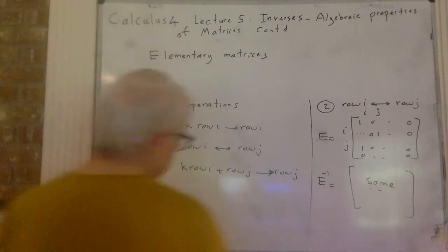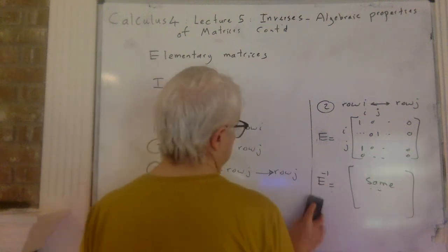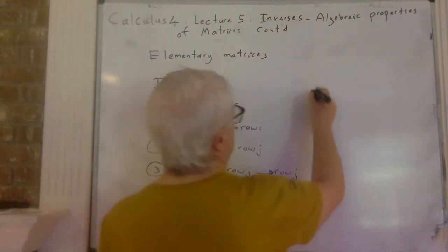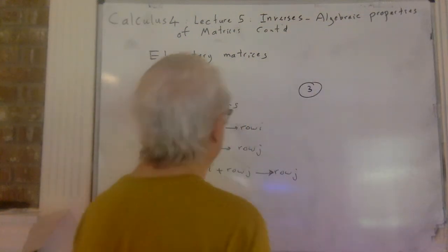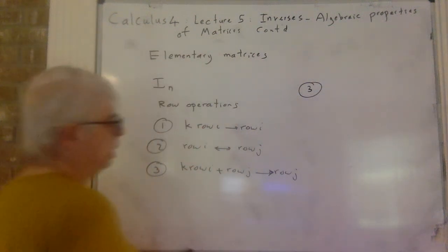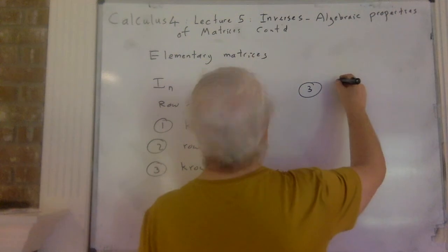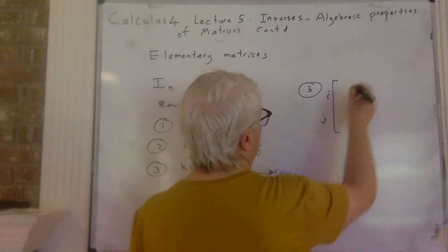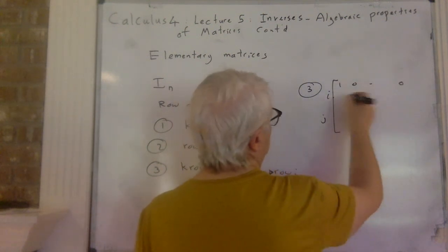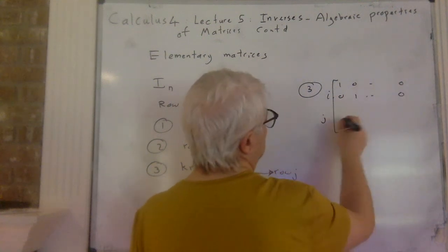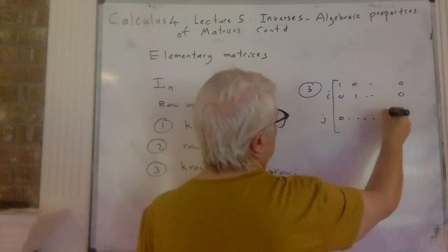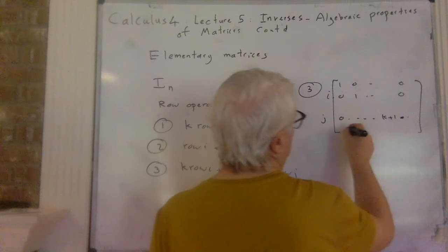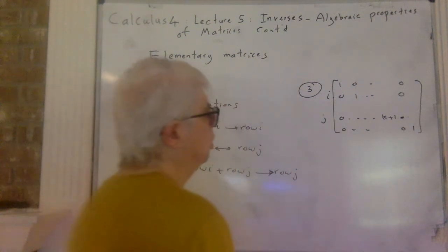Now let's see what this third one is. Number 3, multiplying row i by some k and adding to row j. But this is simply, you will get, so this is row i, say, and this is row j. So you have 1, 0, 0, 0, and then this doesn't change. But row j, if I multiply this by k, I will get k plus 1. And then 0, and 0, 1, right? So I will get k plus 1.